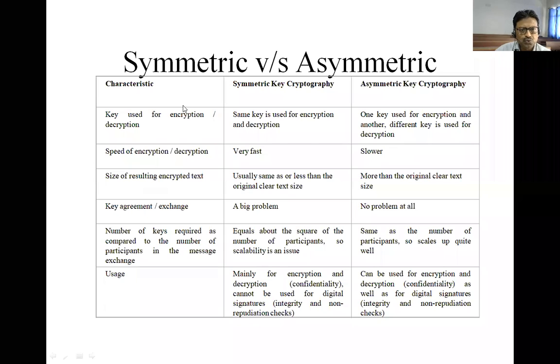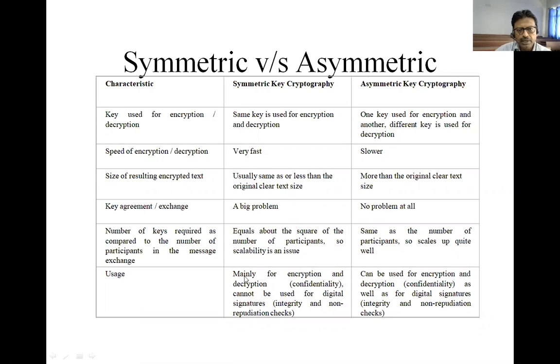Now as far as the uses of symmetric and asymmetric cryptography are concerned, symmetric cryptography is mainly used for encryption and decryption just to maintain confidentiality, but it cannot be used for integrity and non-repudiation checks, which are used with the digital signature. But asymmetric cryptography can be used for confidentiality as well as for integrity and non-repudiation checks.